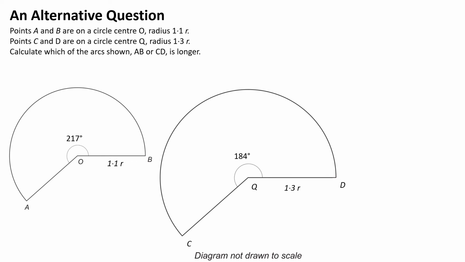In neither case will it be a pure number. They'll both involve r, but we will be able to see which one is the longer. So let's see that happen.